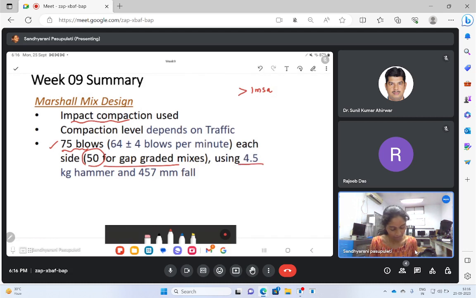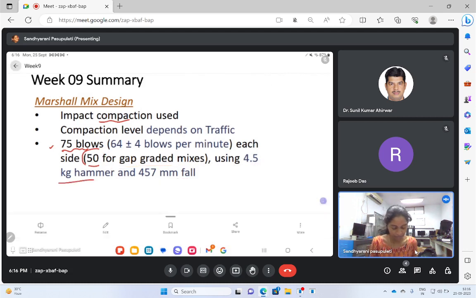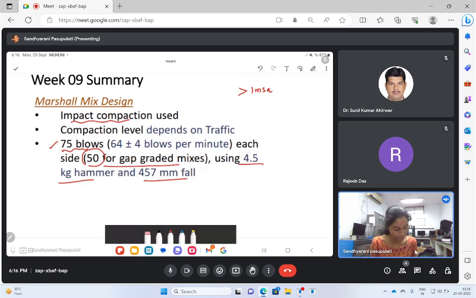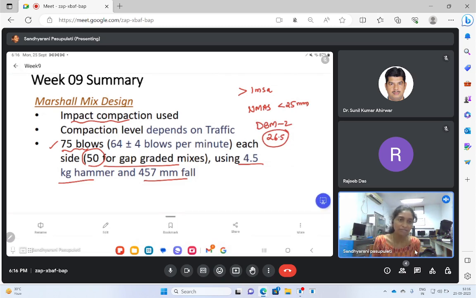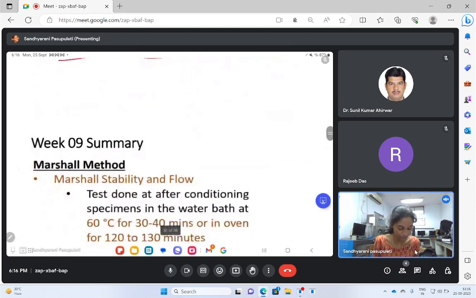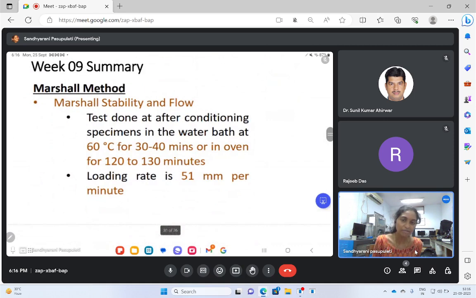So the hammer weight and also the fall have been given. This is for the aggregates whose nominal maximum aggregate size, NMAS, is less than 25 mm. If we take DBM, let us say DBM 2, let us consider its NMAS is 26.5. So for those mixes whose NMAS is more than 25 mm, we need to go for modified Marshall mix design.